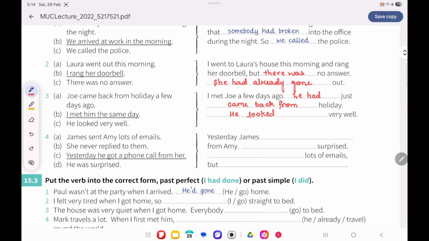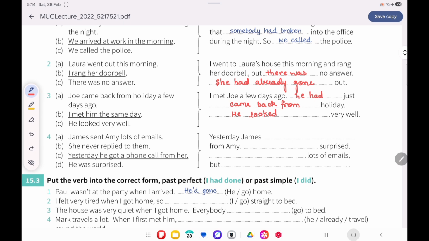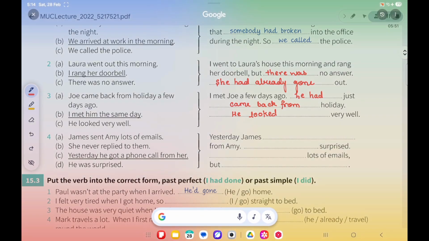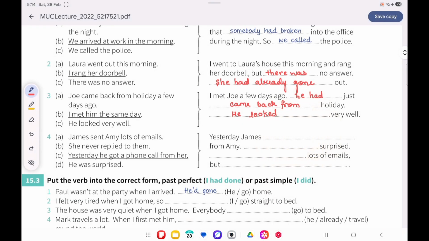James sent Amy lots of emails. She never replied to them. Yesterday he got a call from her. He was surprised. Yesterday James got a call from Amy.